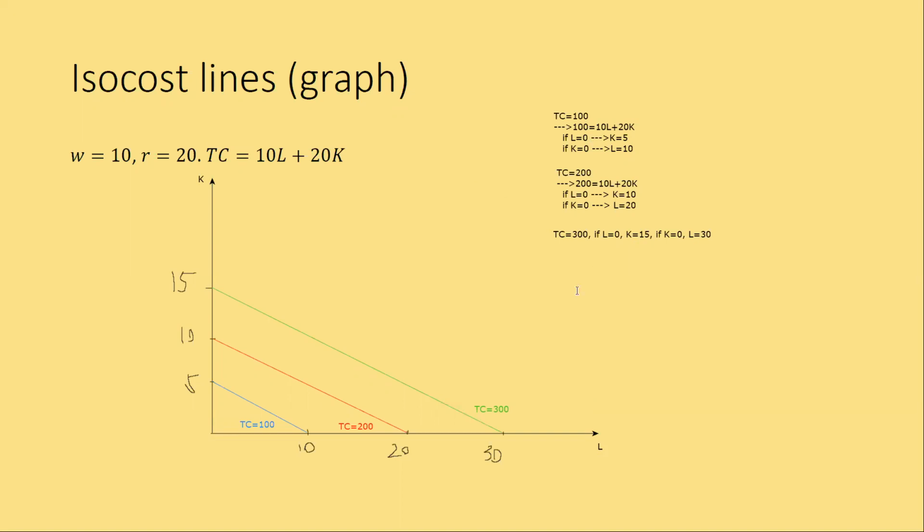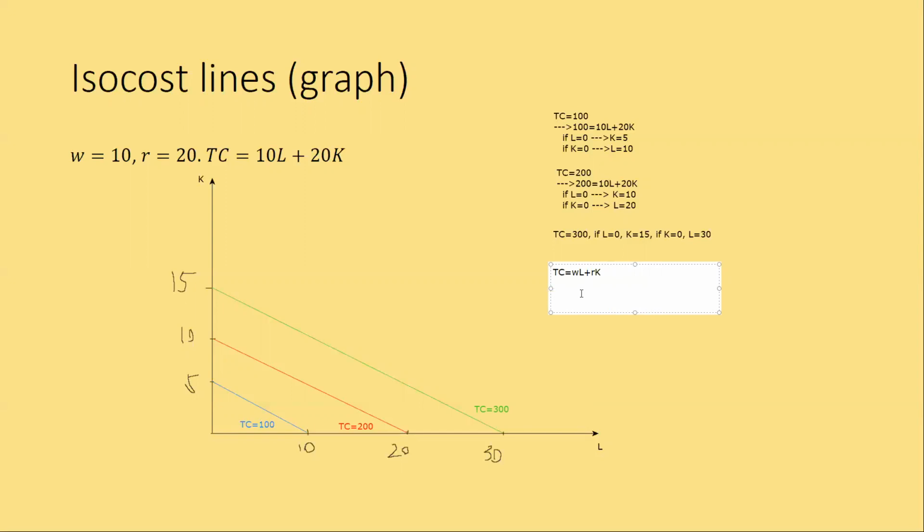let's see. So for a general total isocost line, that is TC equals W times L plus R times K, let's see what its slope is. So we can rewrite this expression.